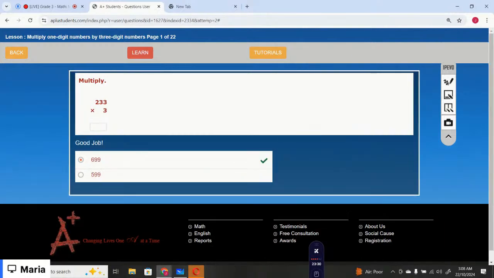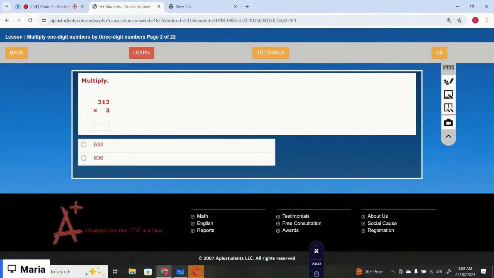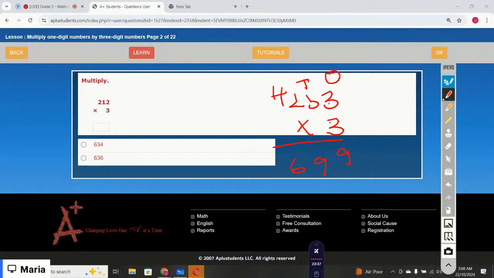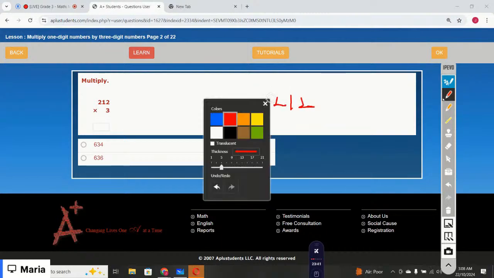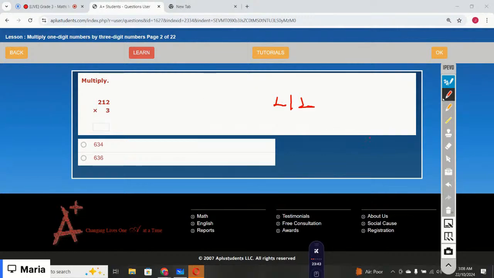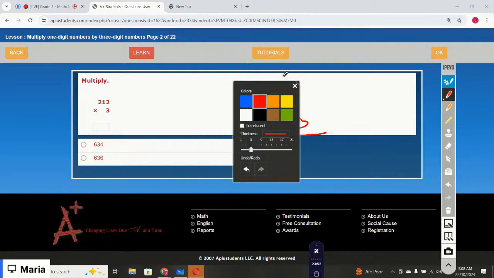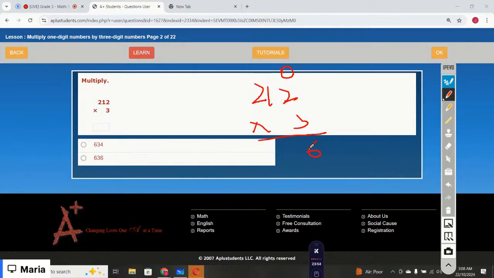Okay, the next one is 212 times 3. You start multiplying with the ones digit. 3 times 2 is 6.